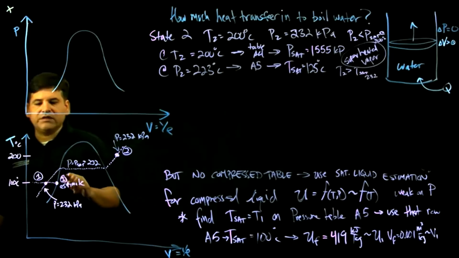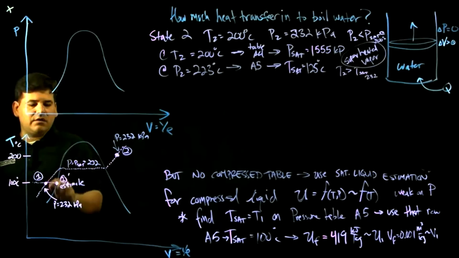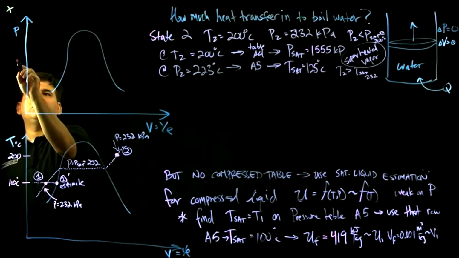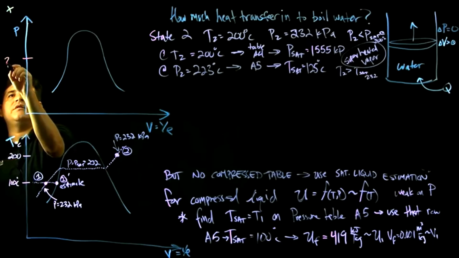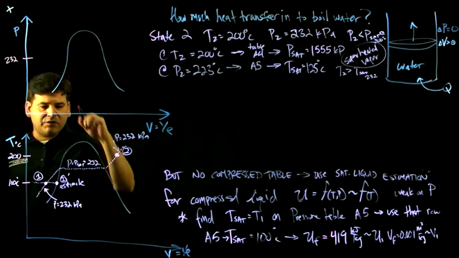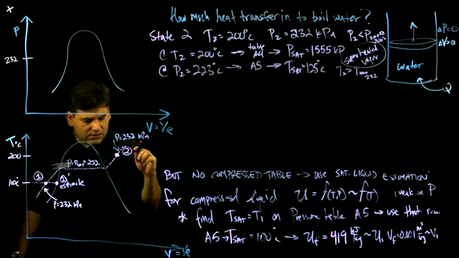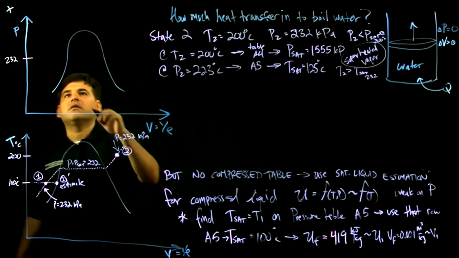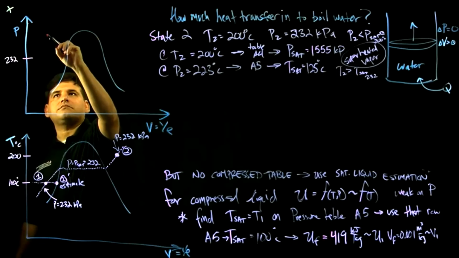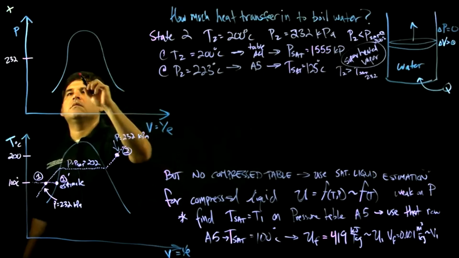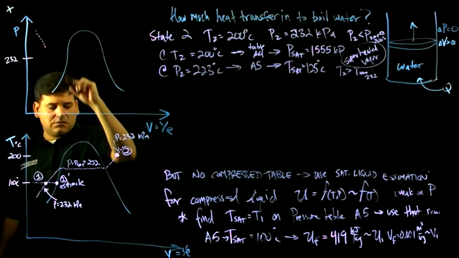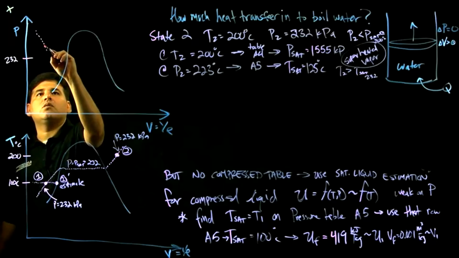So drawing this out here, state 1, we are at 232. Let's call this 232 here. And the way that the temperatures work out is that at constant temperature, it will be like this.